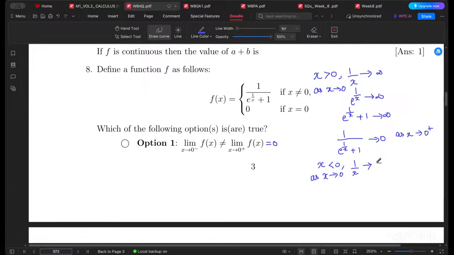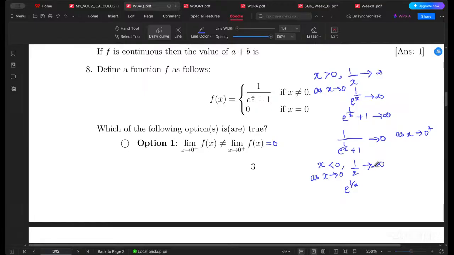Are you sure it is infinity? It is a negative term, minus infinity, right? Yes.